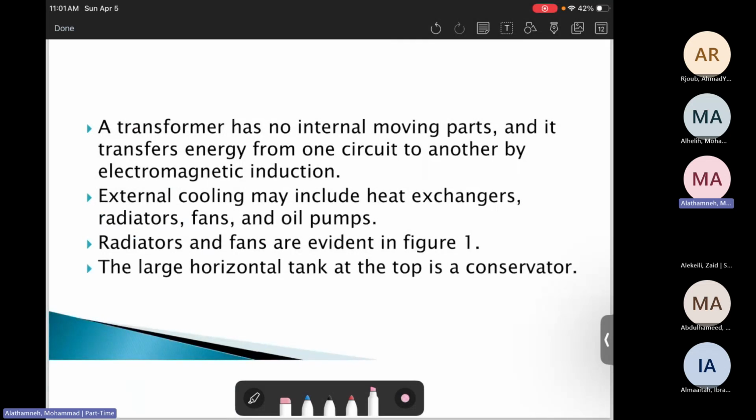The transformer is considered an electrical machine. Electrical machines can be static or dynamic.